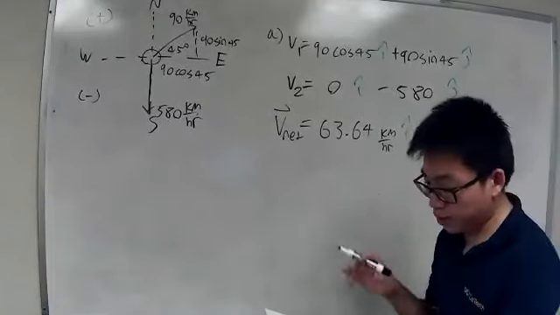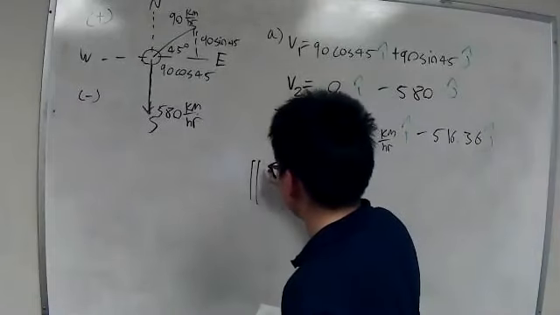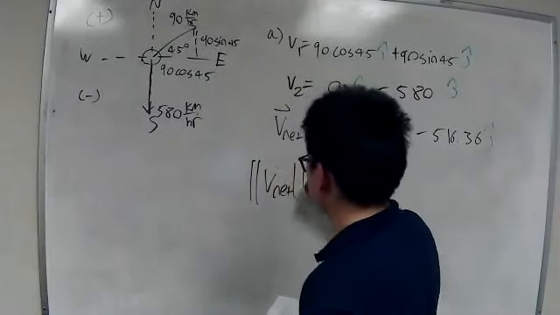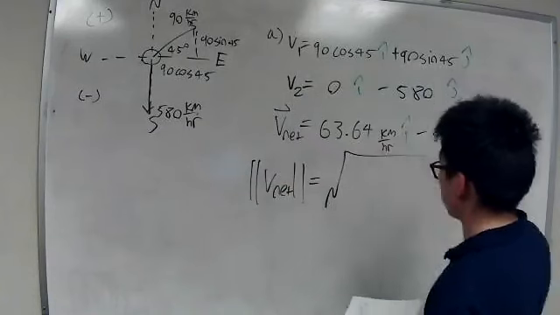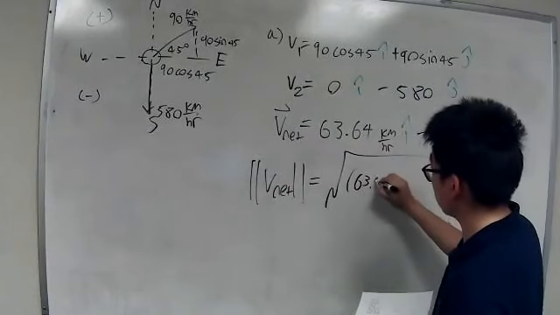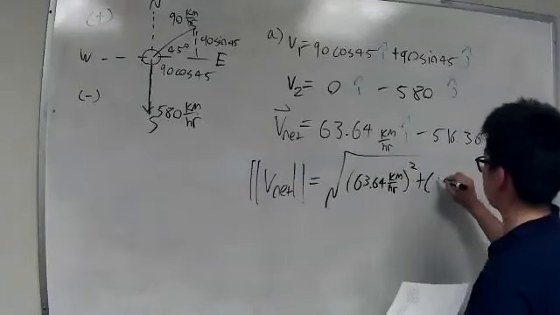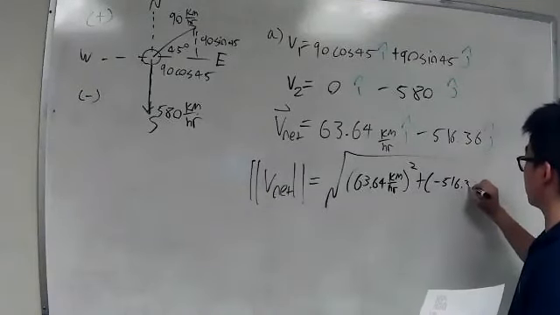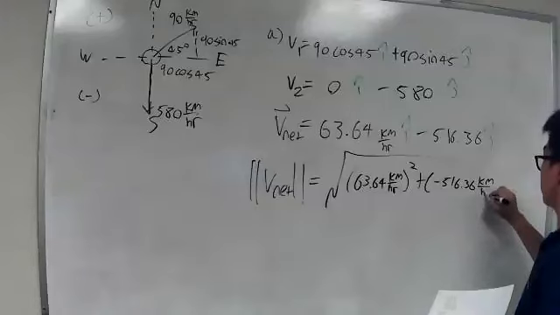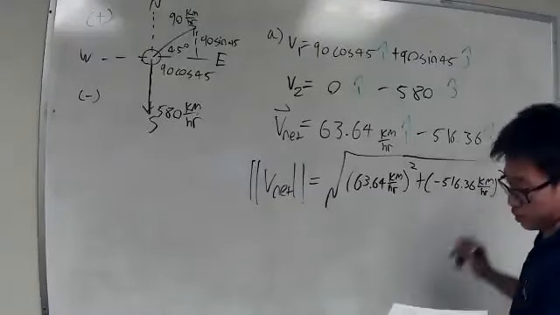And so if I want to find the magnitude, it's just the Pythagorean theorem, or whatever you want to call it. You just square them. All right, let's do it.